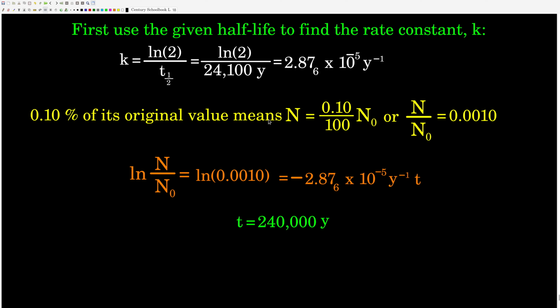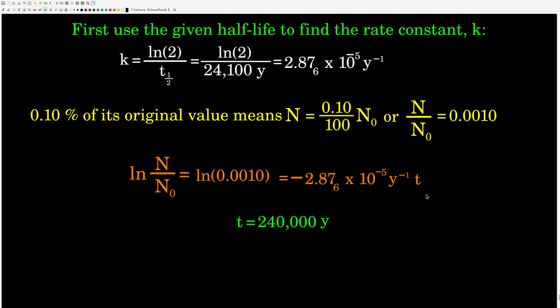0.10% of its original value means that n is equal to 0.1 over 100 times n0, or rearranging this, n over n0 equals 0.0010. Now we can just plug in: natural log of n over n0 equals natural log of 0.0010 equals negative k, which we found, times the time.